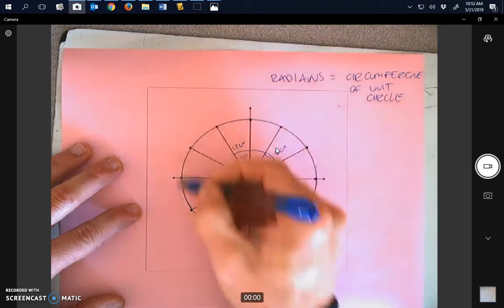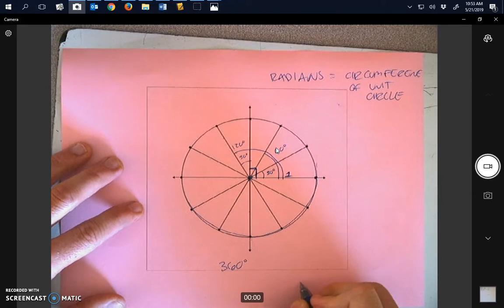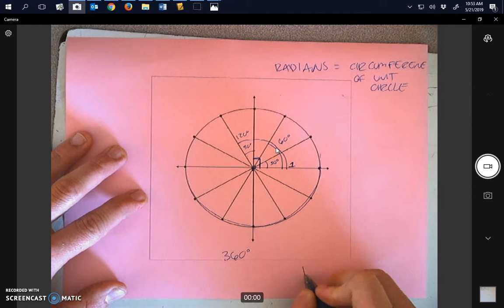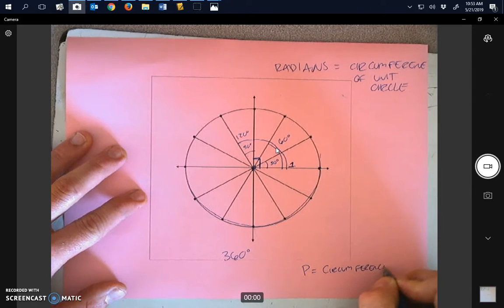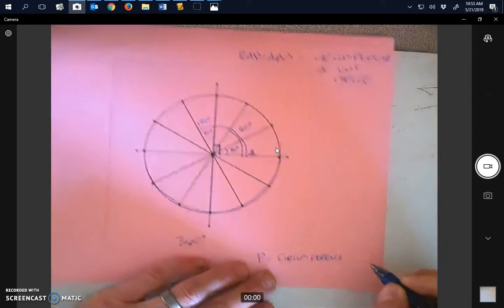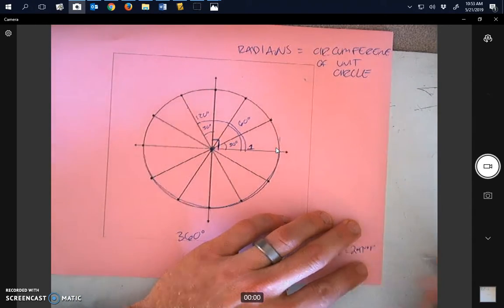So from here, around here. How do you find the circumference of a circle? Well, if you remember, circumference, or perimeter, is equal to 2 times pi times r.